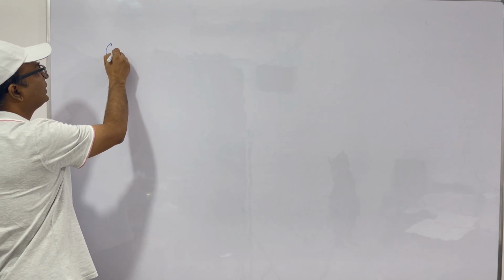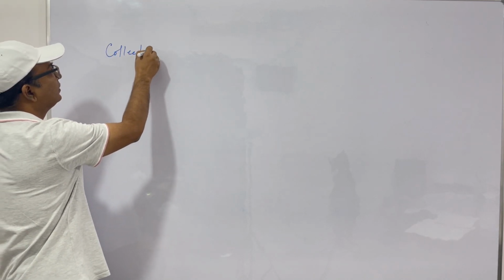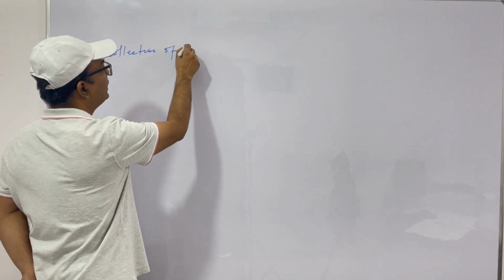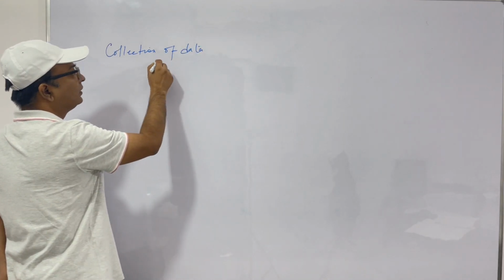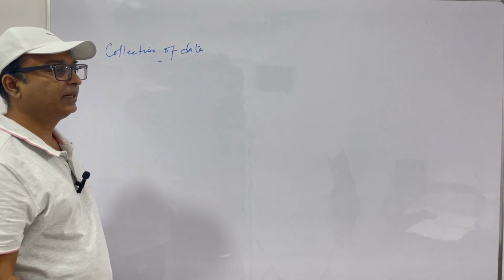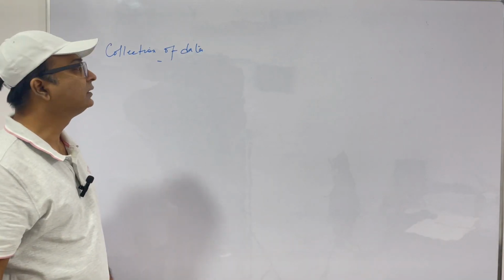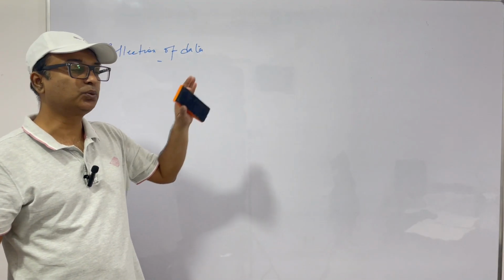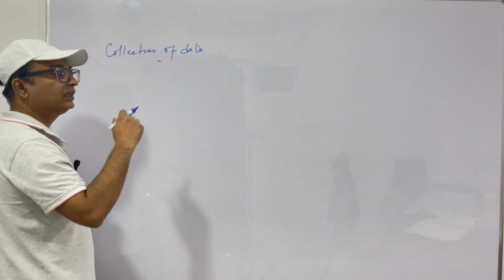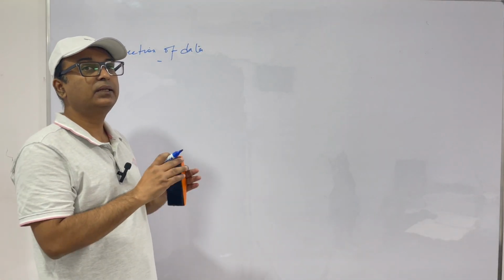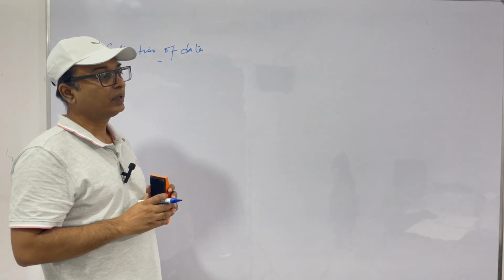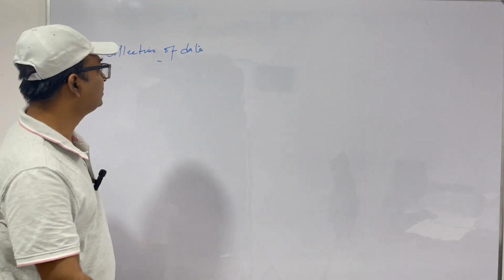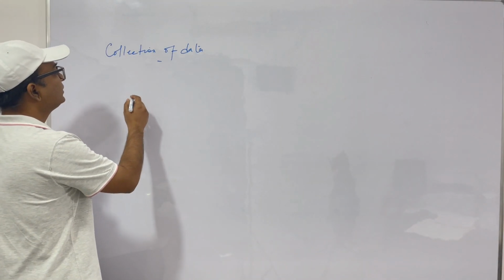First is collection of data. How do we collect data? I just told you we have 100 students in a class and we have the numbers obtained by each of the students. So we collect the data and then we make a table that is called a frequency distribution table. How do we do that?